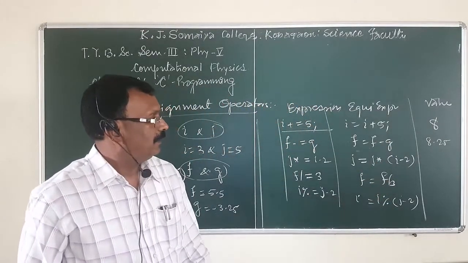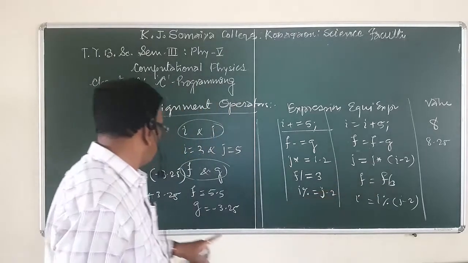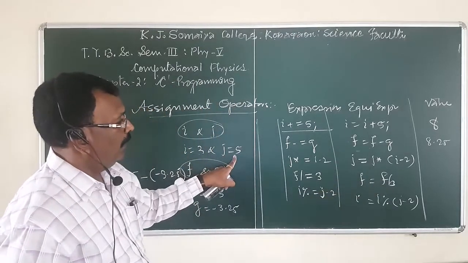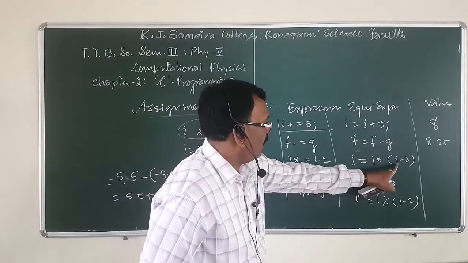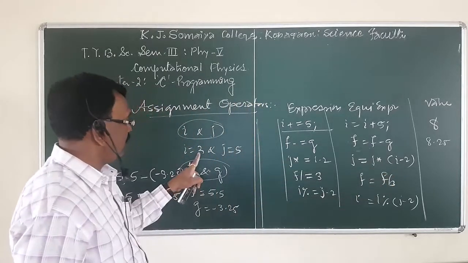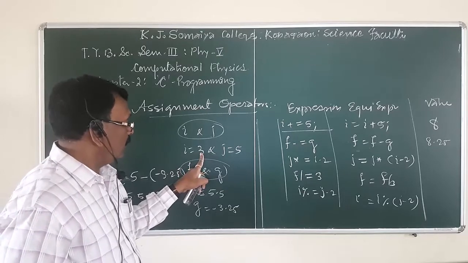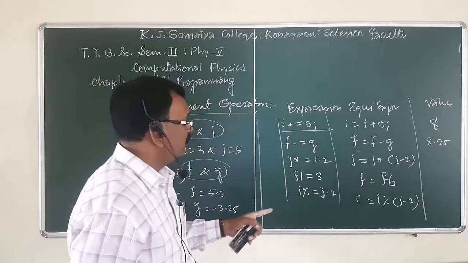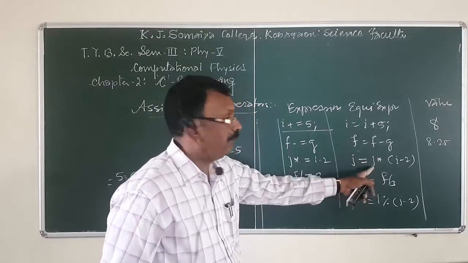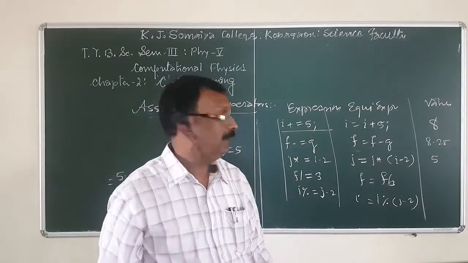Then here, what is the final value? The value of j is 5, and the value of i minus 2, where i is 3, is 3 minus 2, that is 1, and 1 into 5, the final value is 5.